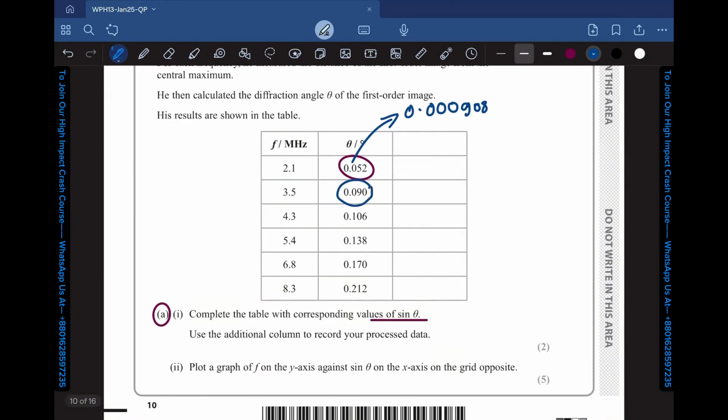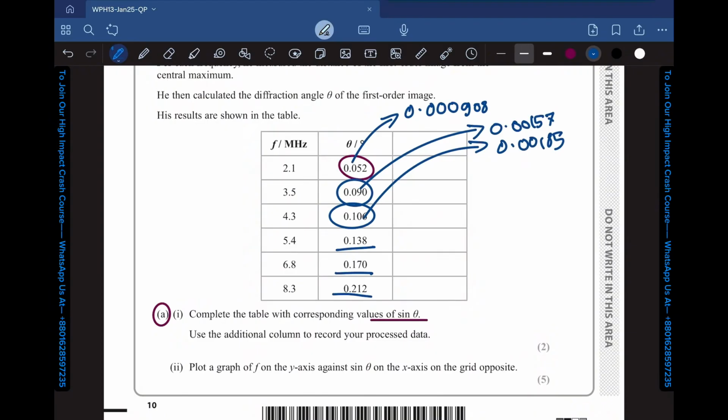Putting the next value on the calculator gives me 0.00157, and the next one gives me 0.00185. So basically putting all of these values, you will see that you are always getting a value like this which has 0.00 at the start.